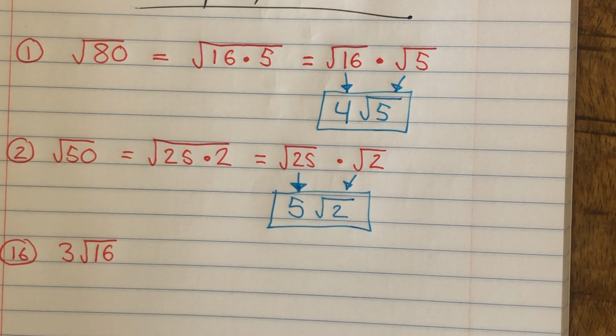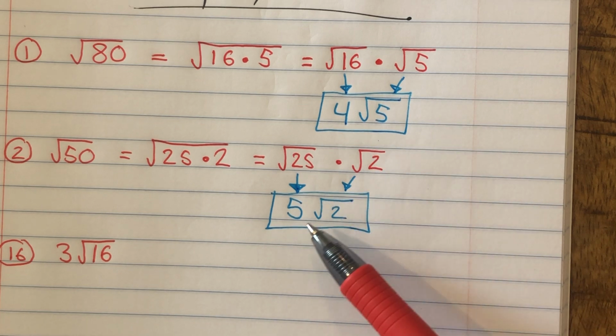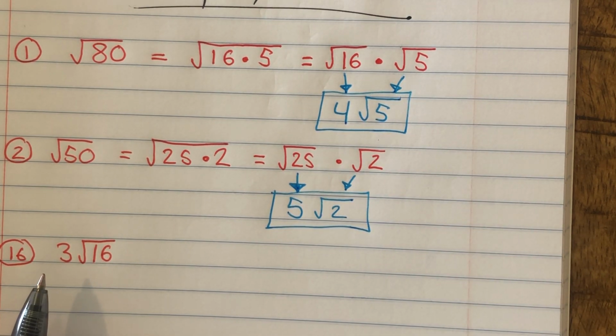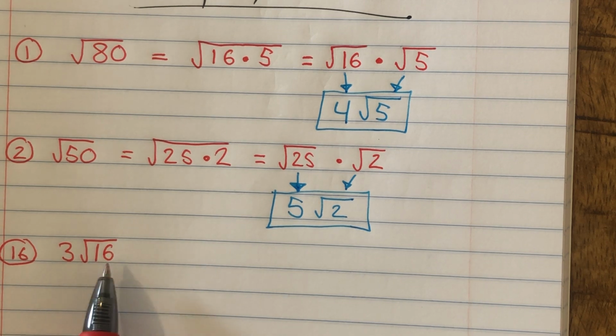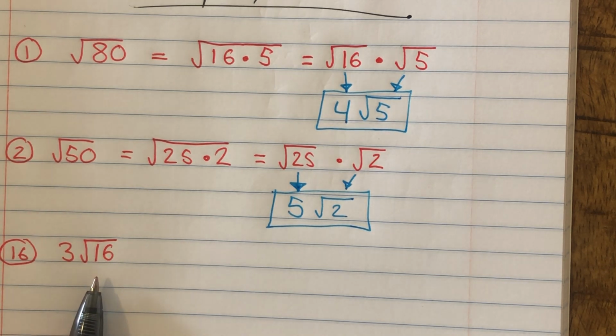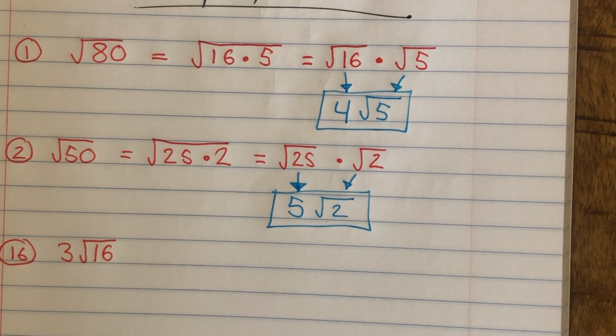Well, now we have a whole number in front of our radical sign. And so far when we've simplified, we've always had a whole number in front of the radical. But just because there's a whole number does not mean that what's inside the radical is in its most simplified form. So what I want to take a look at is specifically the 16.